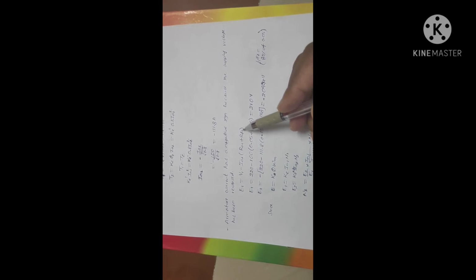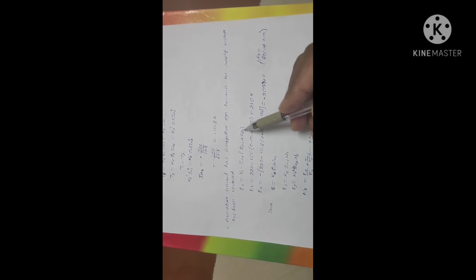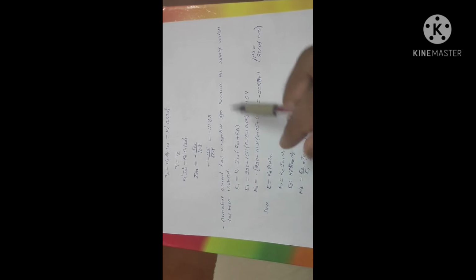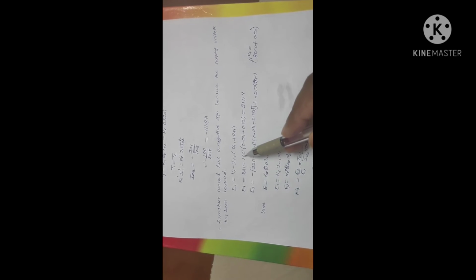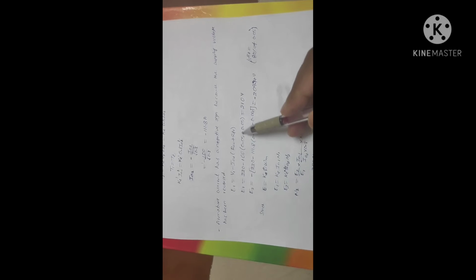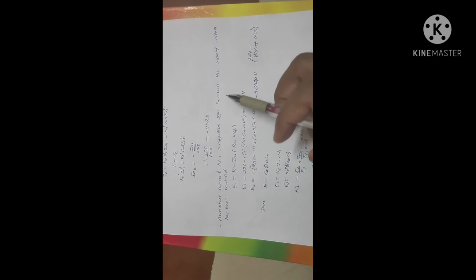The initial back EMF E1 is equal to V1 minus Ia1 into (Ra1 plus Rf1), as it is a series motor, armature resistance plus field resistance. Both were given in the problem statement. The supply voltage is 220 volts minus initial armature current 100 into (0.05 plus 0.05), which gives E1 equal to 210 volts.